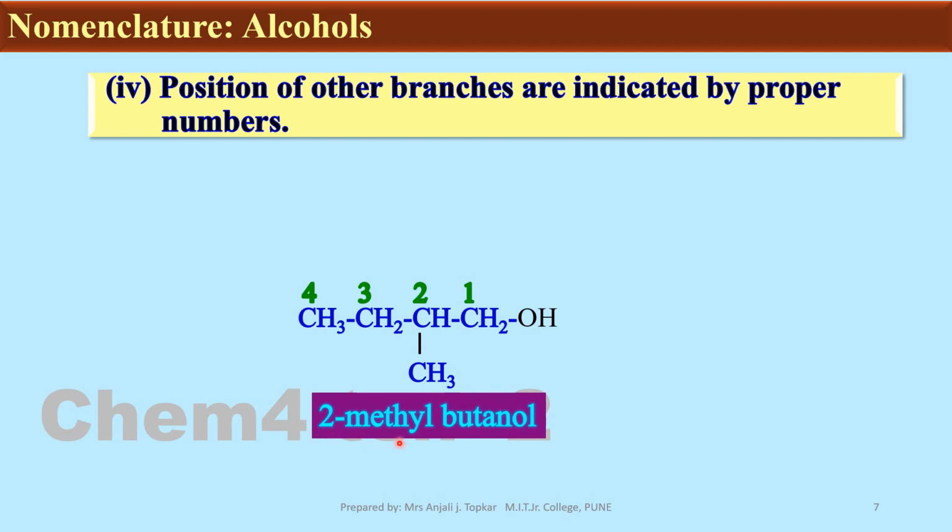So the name of the compound is 2-methyl butanol. Now here it is not to be named in this way because we have to write down the position of OH group.